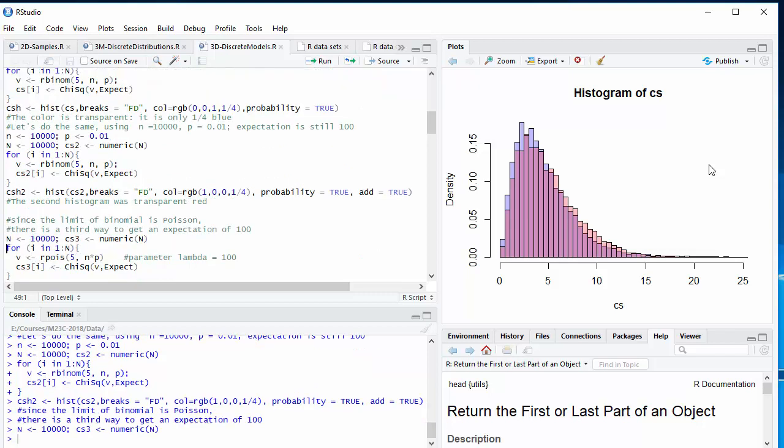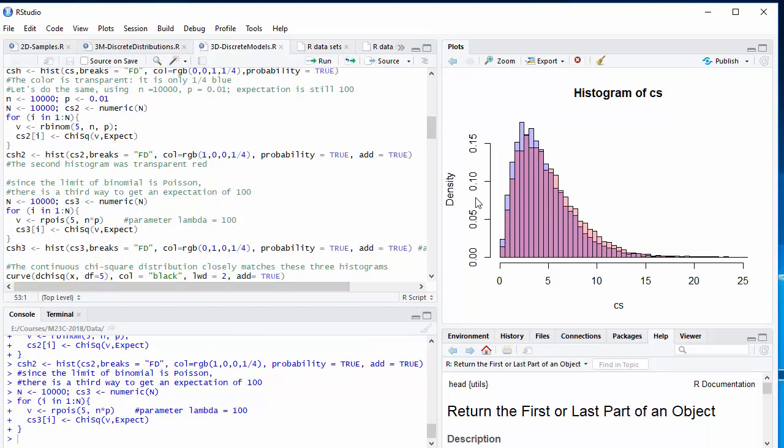Now, maybe you're already thinking, the limit of a binomial distribution is a Poisson distribution. I bet you if I drew samples from a Poisson distribution with a parameter of 100, that's lambda equals n times p, I get roughly the same distribution of chi-squared values.